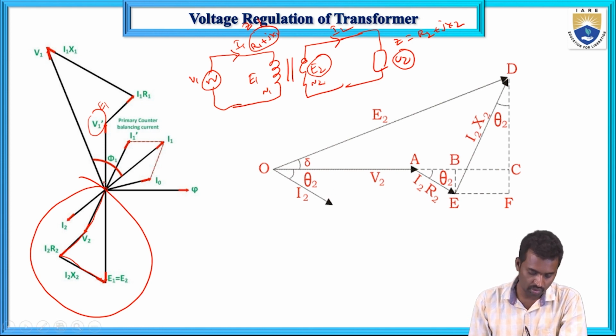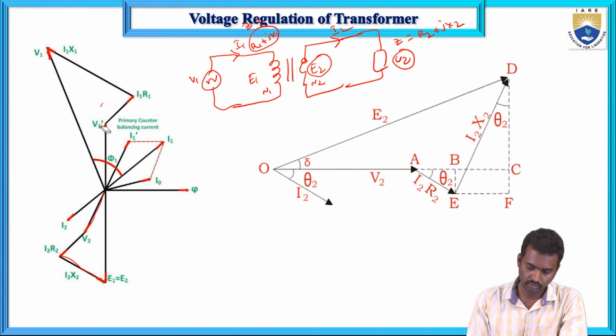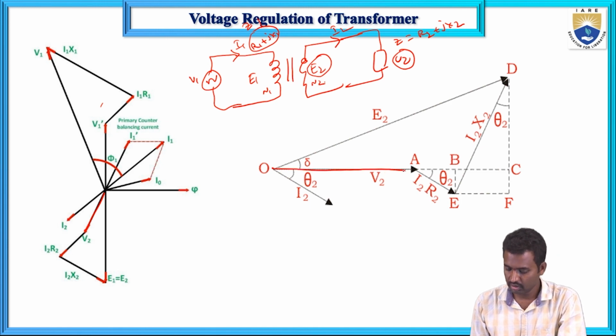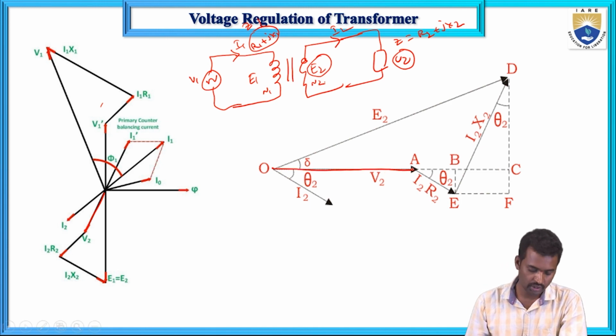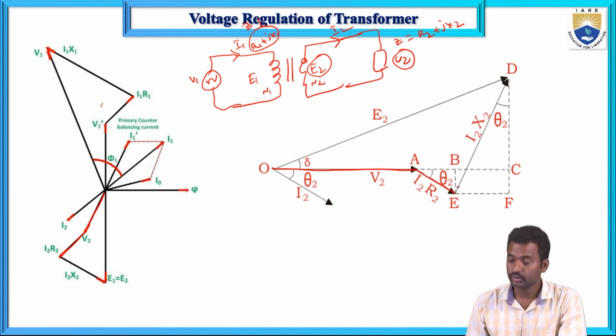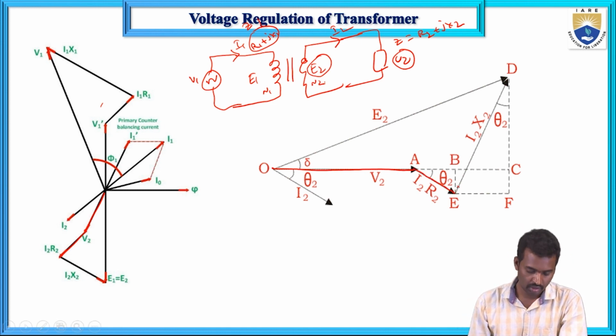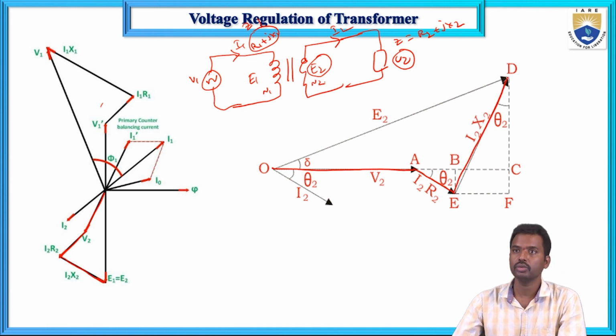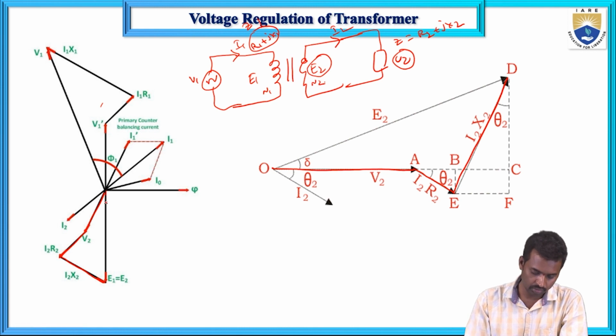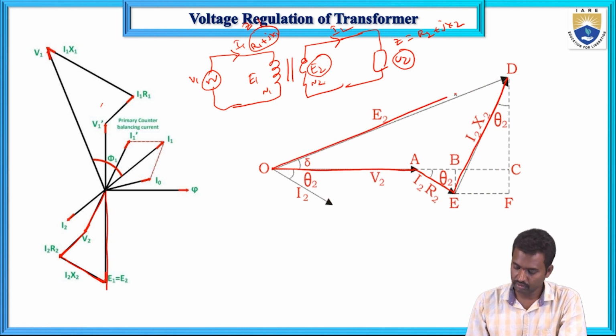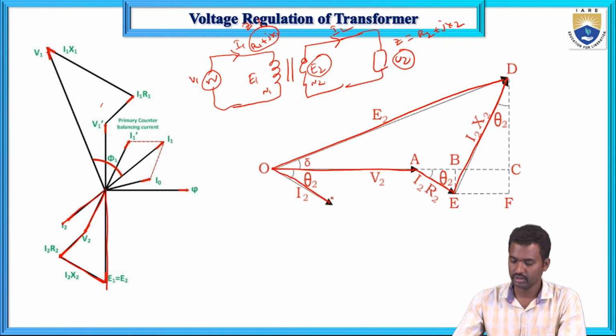So now this is V2, next I2R2, next I2X2, and this is E2, and I2 is here.